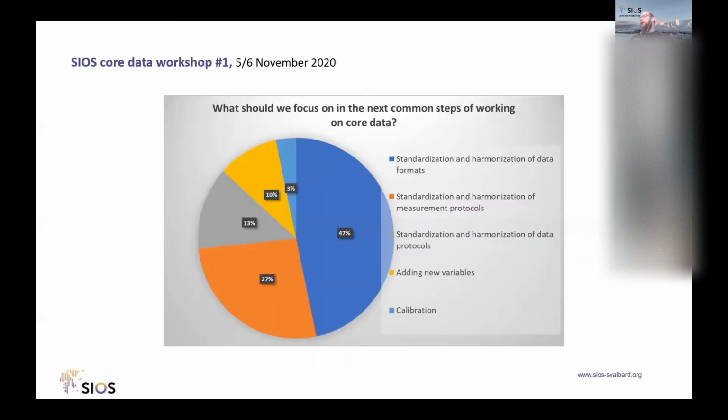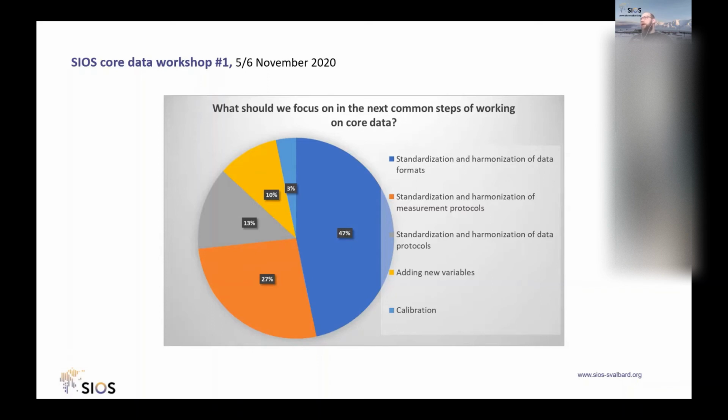I think it will be interesting to have a short overview of the results of what the SIOS community is looking for when working on core data. You can see that people are interested in standardization and harmonization of data formats, as well as standardization and harmonization of measurement protocols.